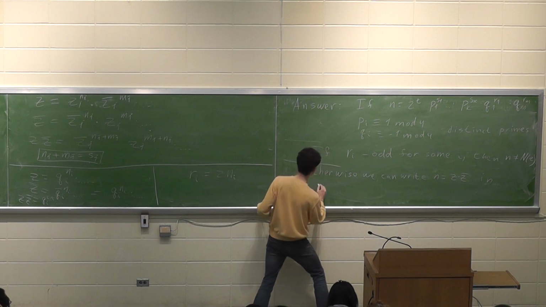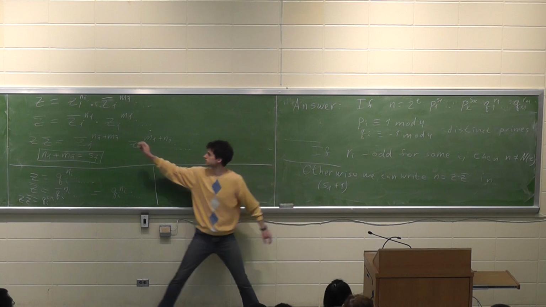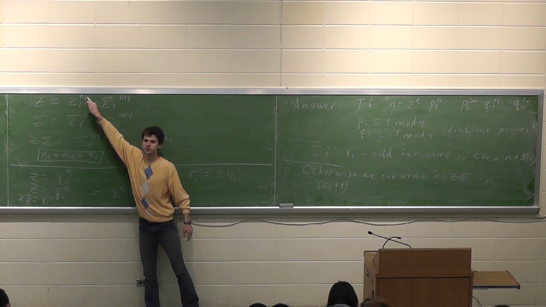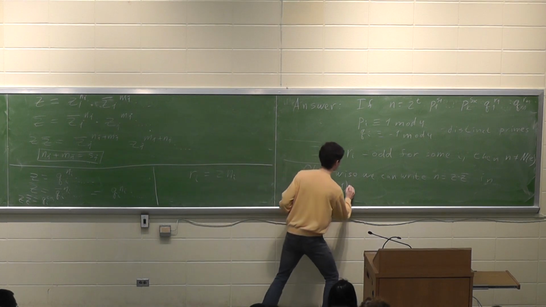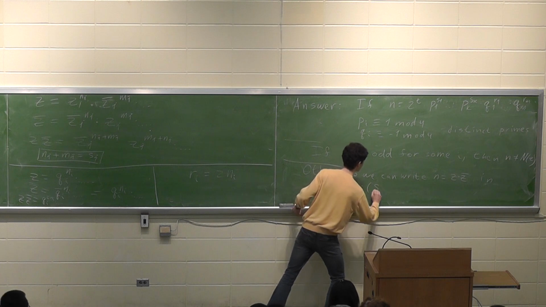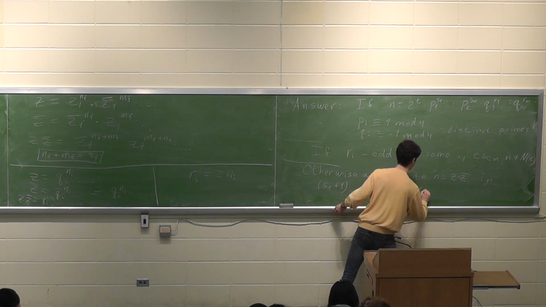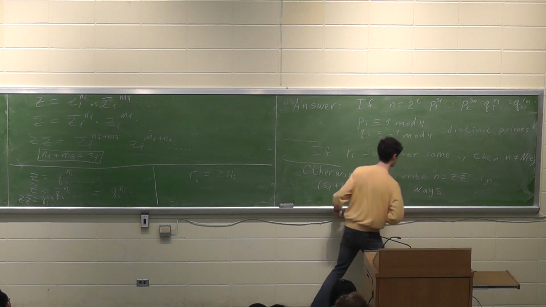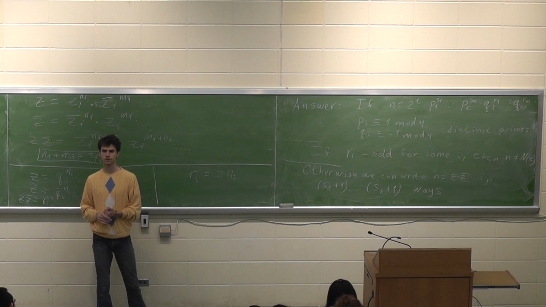So we get s1 plus 1, that's the number of choices for splitting z1 to the power s1 times z1 conjugate to the power s1, times and so on. And that's the complete answer.